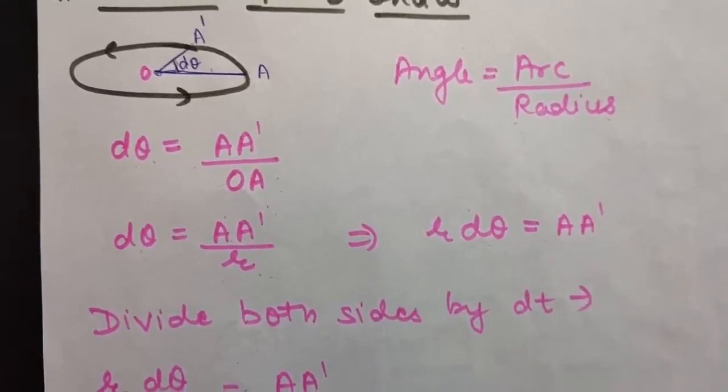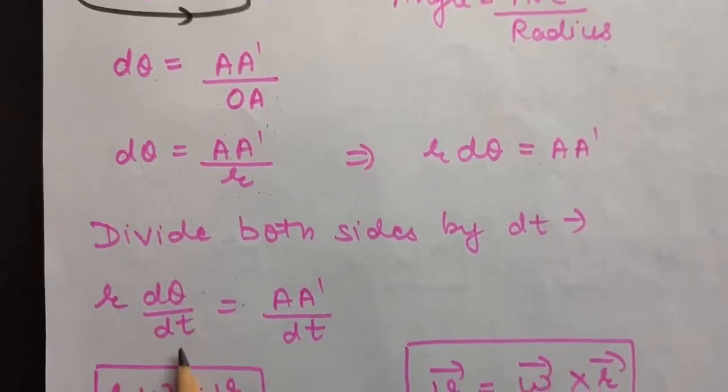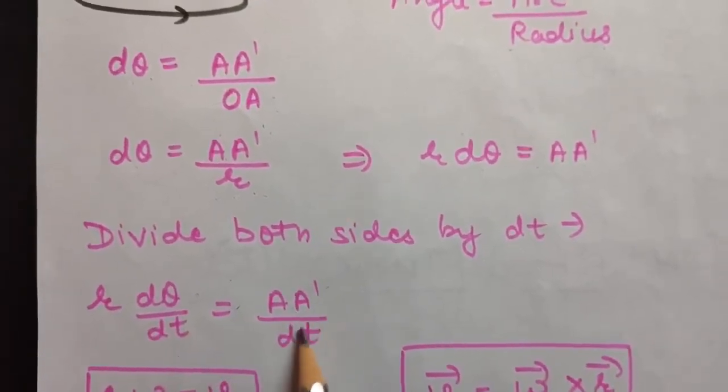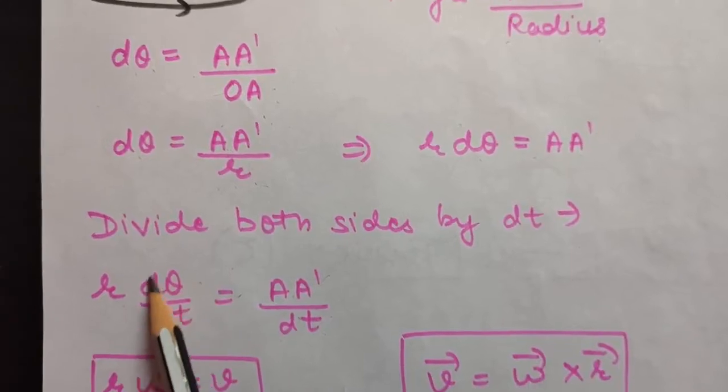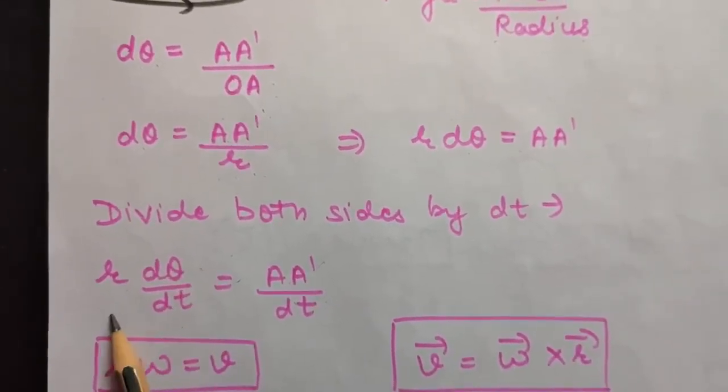Now if I divide both sides by dt, that gives r d theta by dt is equal to AA dash by dt. Now d theta by dt, as I told you, is nothing but omega, so r omega.